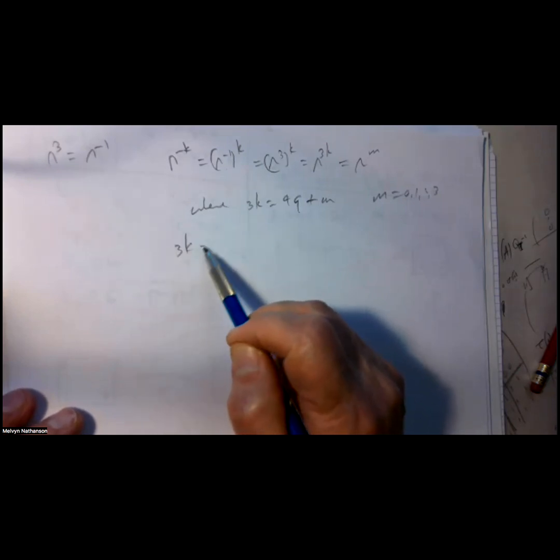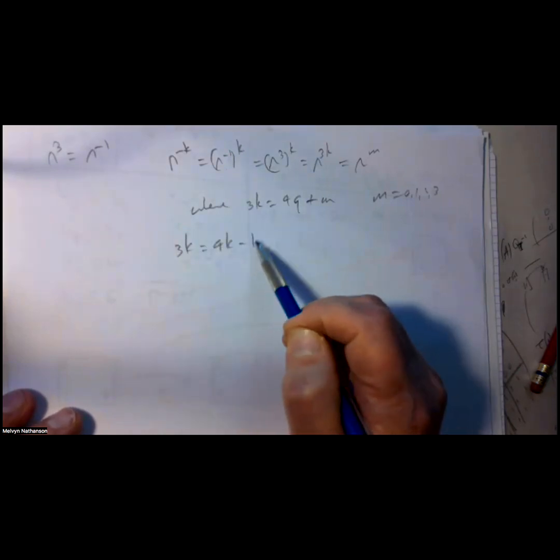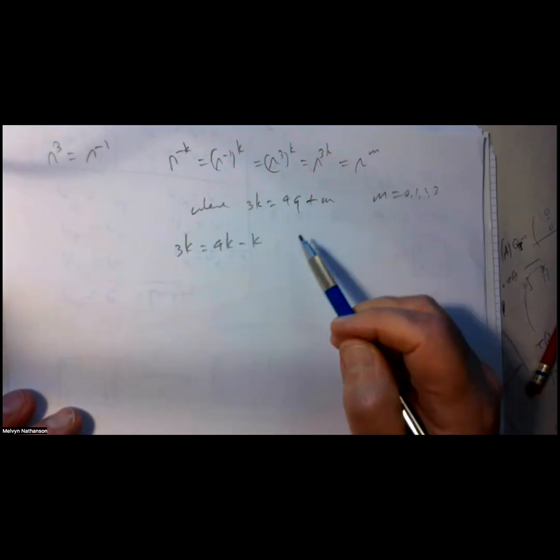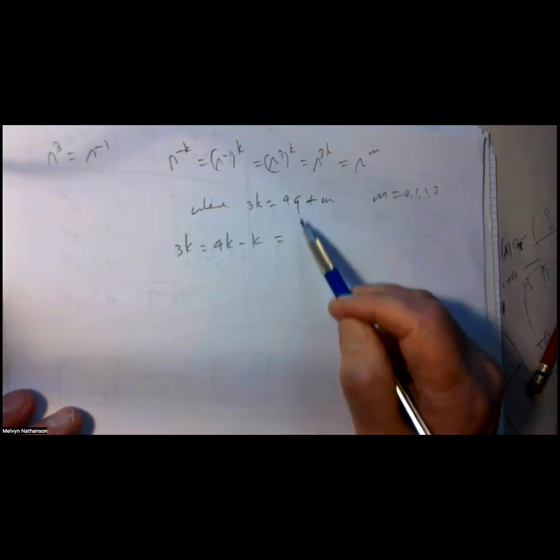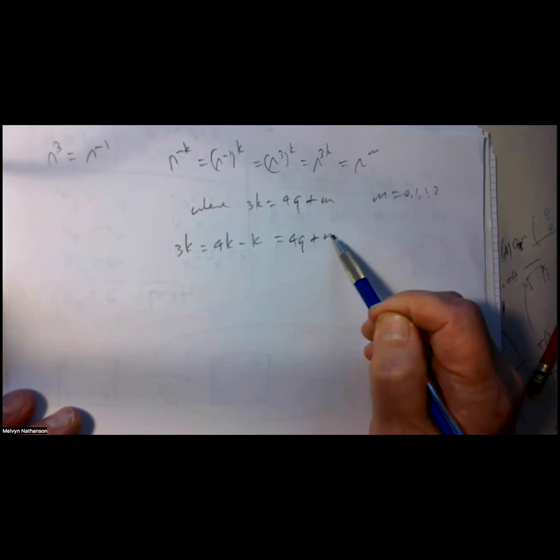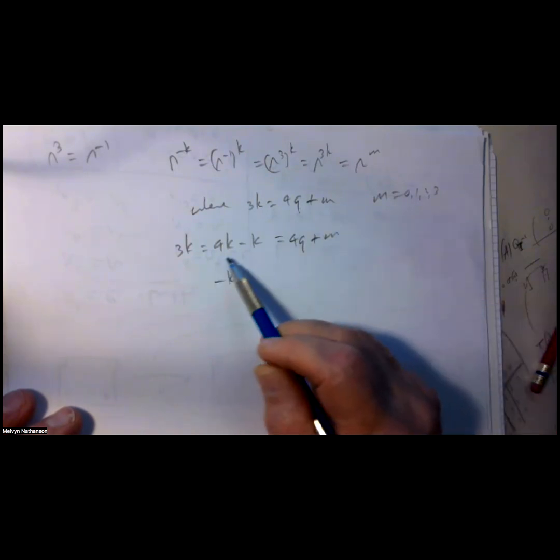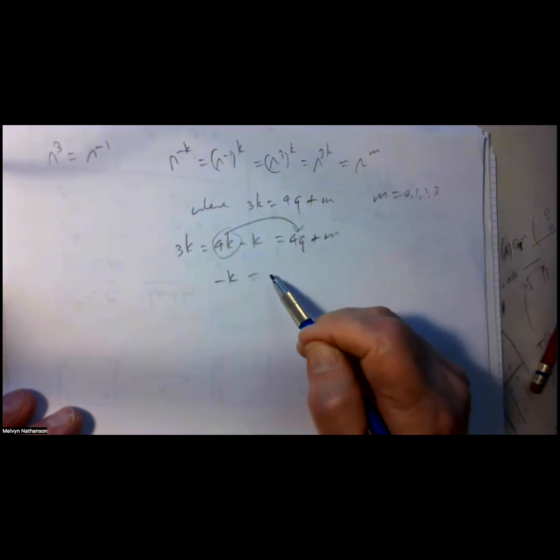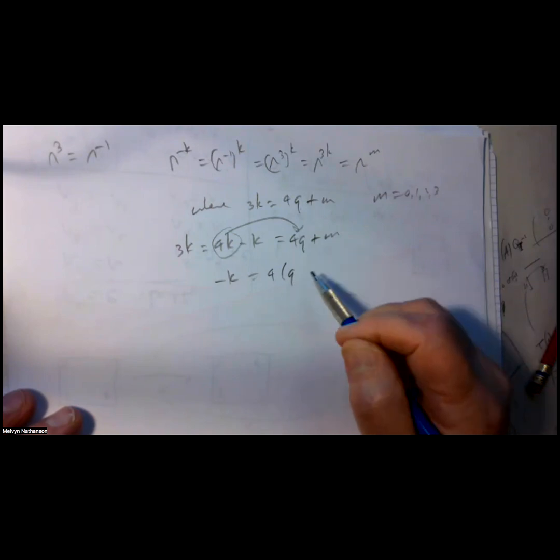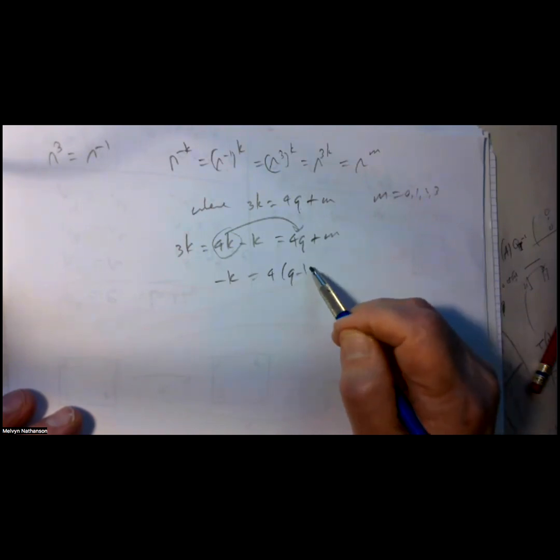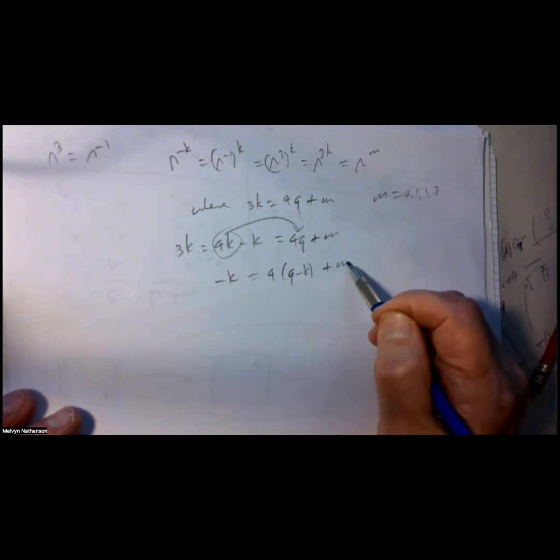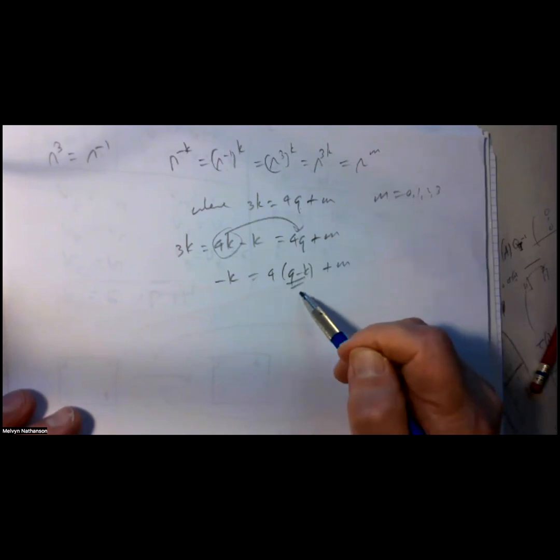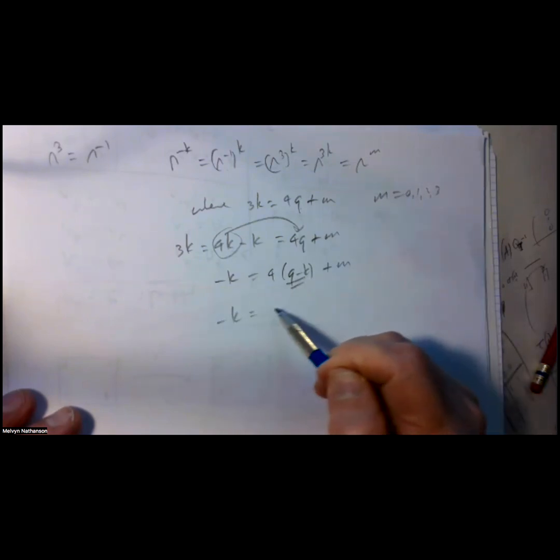so 3k is 4k minus k. And if that's equal to 4q plus m, that's the same as saying that minus k, I'm just taking this and bringing it over to this side, is 4 times q minus k plus m. Let me call this q prime.